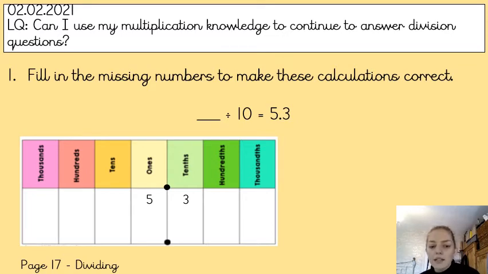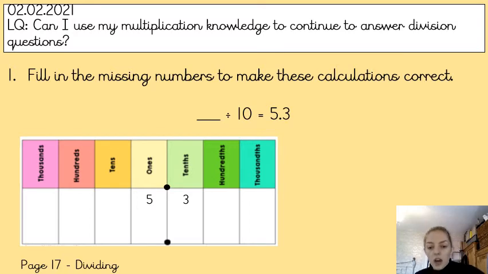Now I have added my decimal place on my table and I've also added my numbers in the correct spot. I have 5 ones and 3 tenths. Now this answer has already been divided by 10, so we need to work backwards.